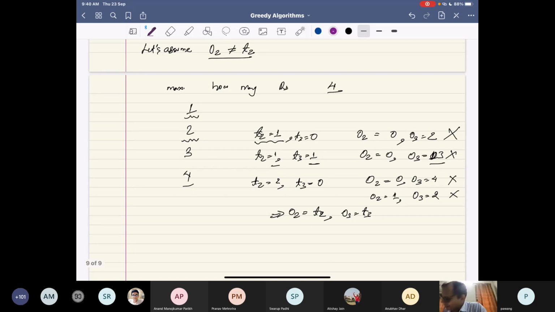So please read that, do not get confused. So we have now proven O5 is same as T5, O2 is same as T2, and O1 is same as T1. That means O is same as G. So here we have directly shown that my O is not optimal if it is different from greedy. This has to be same as greedy.